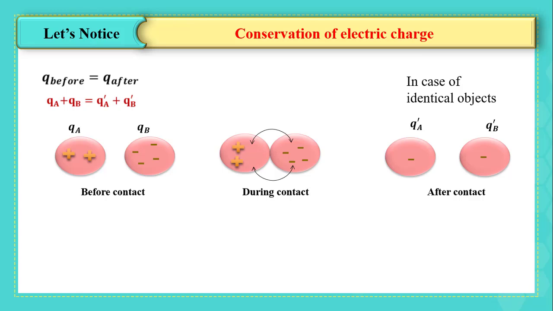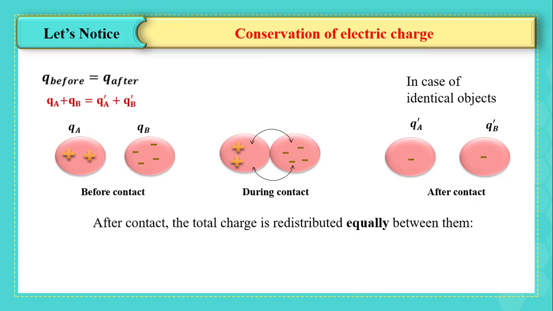Now, here we have a special case of conservation of electric charge for identical conductors. After contact, the charge is distributed equally on both conductors, so the expression will finally be Q prime A equal Q prime B equal QA plus QB divided by 2.